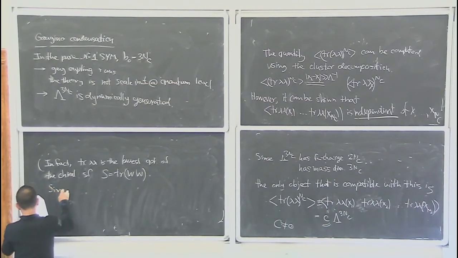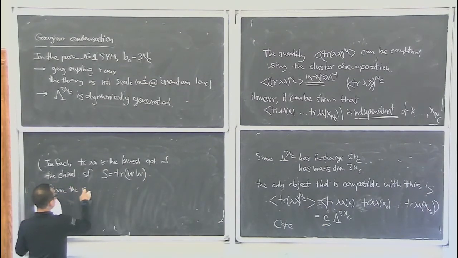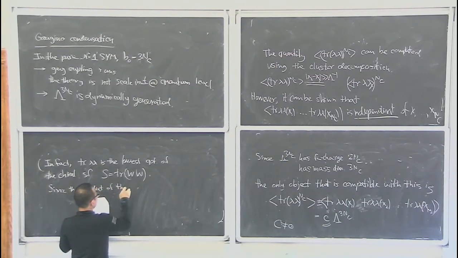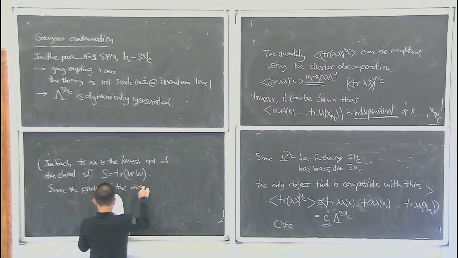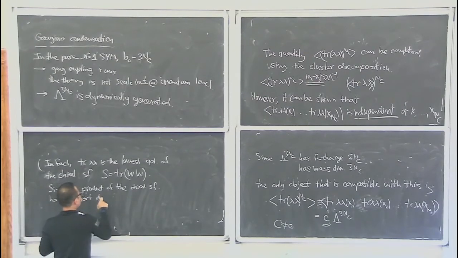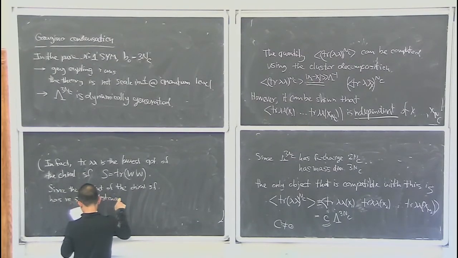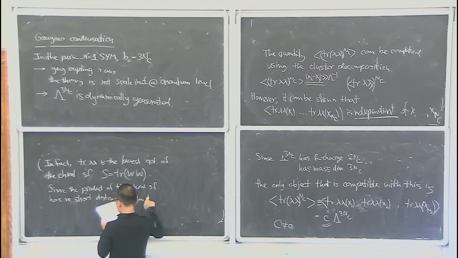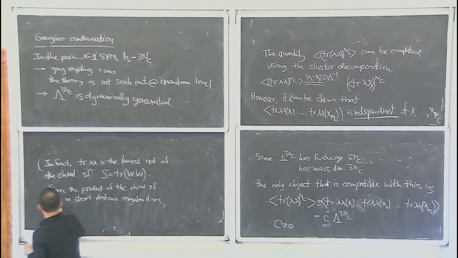Since the product of the chiral superfields has no short distance singularities, the former statement follows.